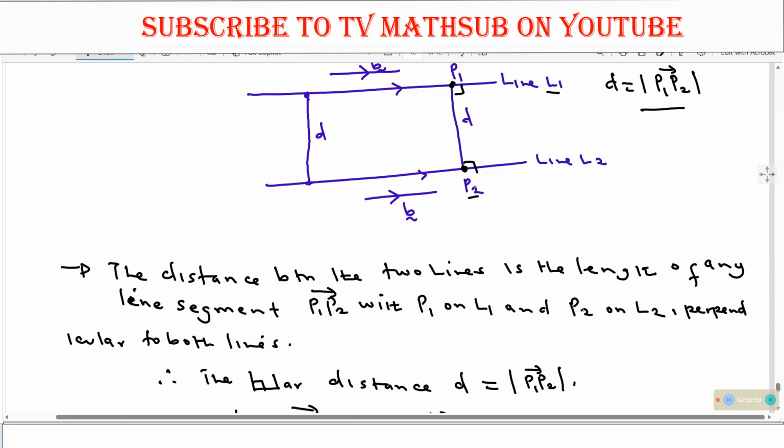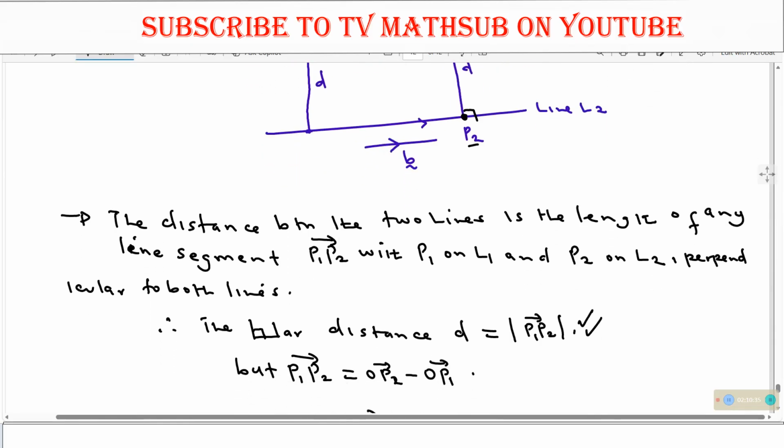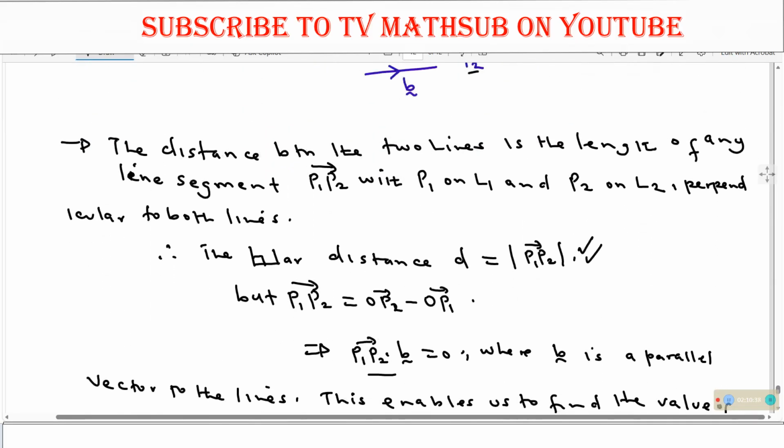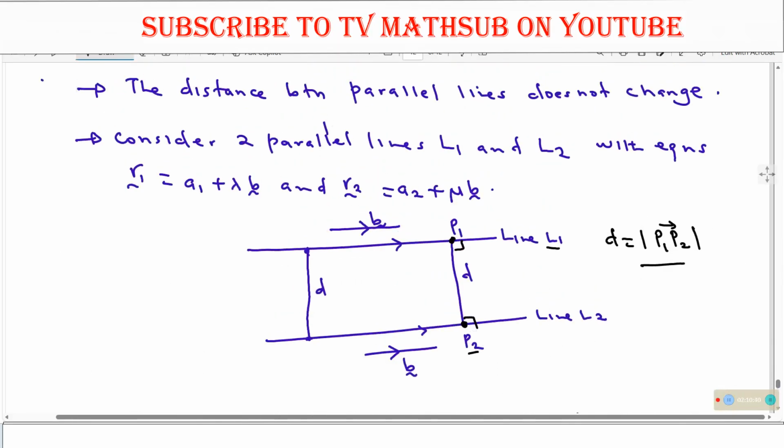Now to get P1P2, we need to realize that this vector P1 to P2 is perpendicular to this line and to this line. If it is perpendicular to this line, then of course it is perpendicular to B as well.